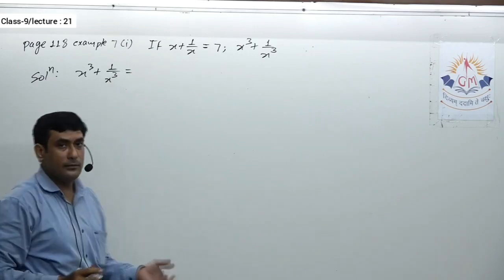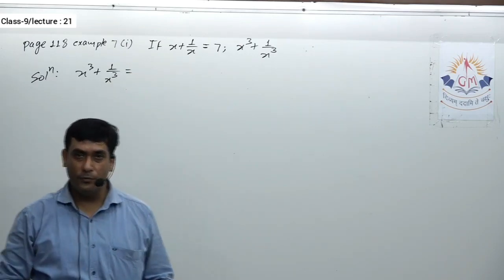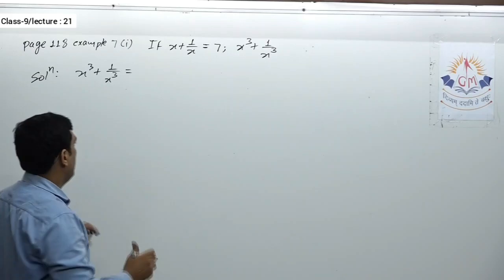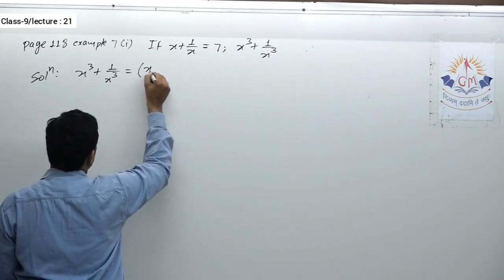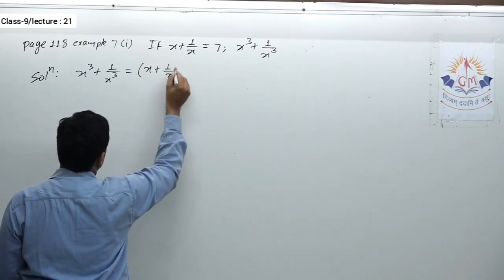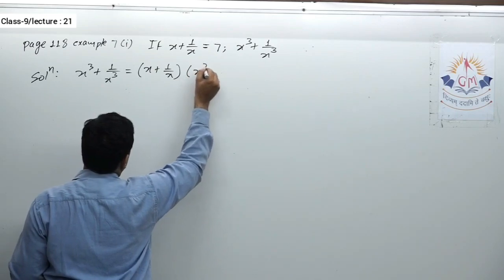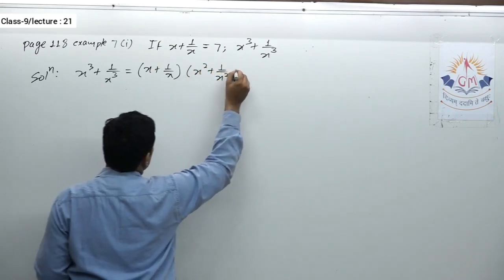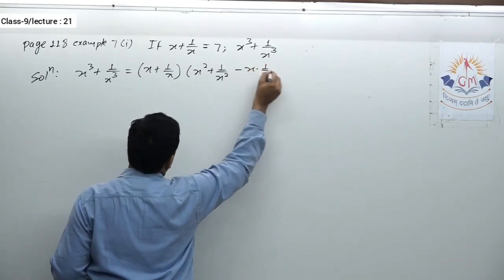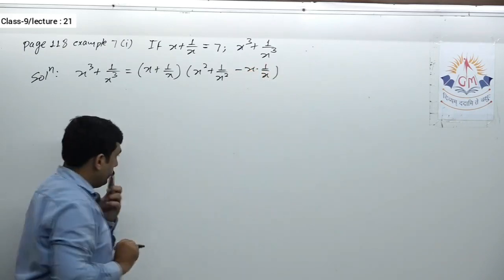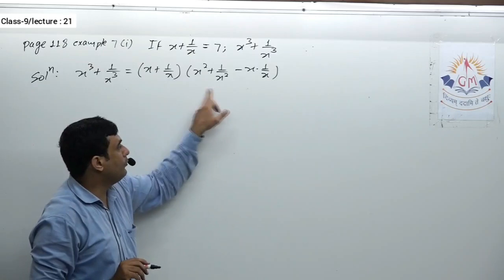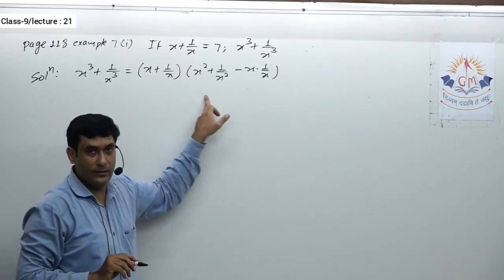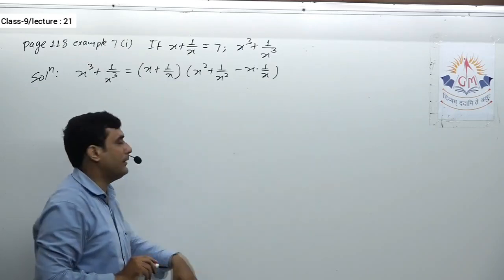Now again, whenever we have a cube plus b cube, we have two identities. Let us write the first identity, a plus b, times a square plus b square minus ab. That means if I use this identity, I need to find the value of x square plus 1 upon x square.